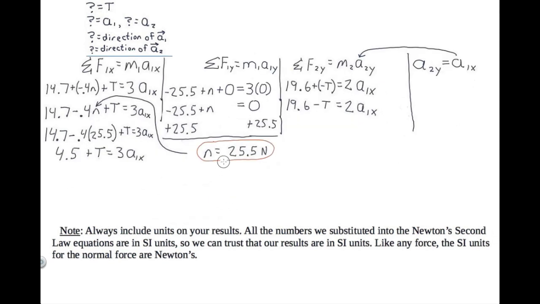Now we substitute our result for n into the Newton's second law x equation for mass 1. The Newton's second law x equation for mass 1 now has 2 unknowns, and the Newton's second law y equation for mass 2 still has 2 unknowns. So it might seem like we're not ready yet to solve either equation.